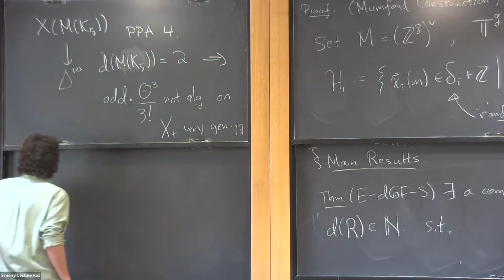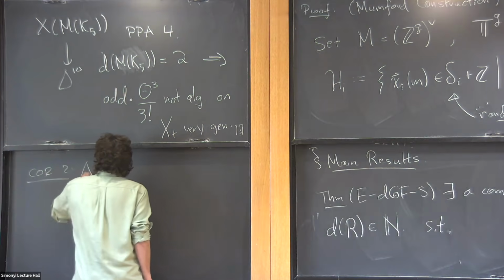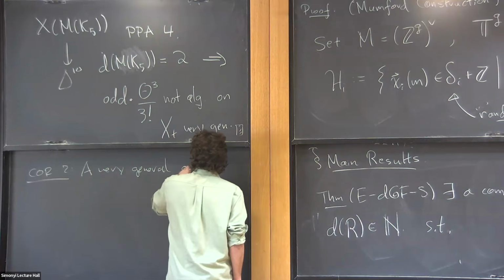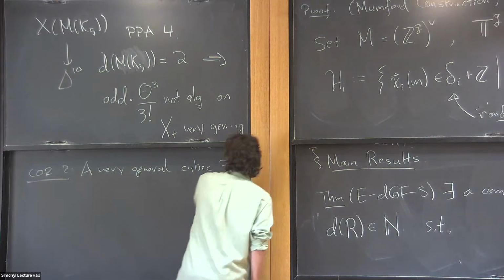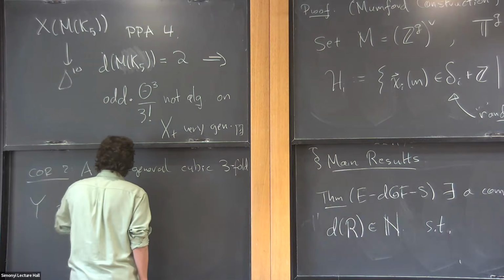Okay. So corollary 2. A very general cubic threefold Y is stably irrational.